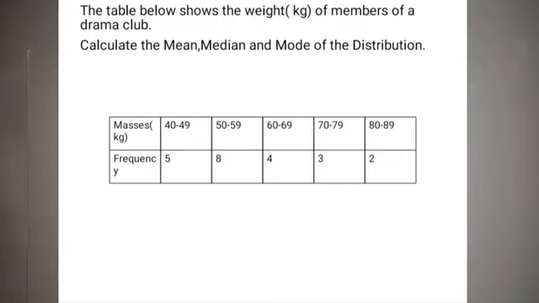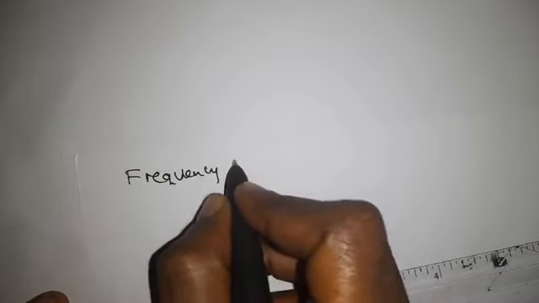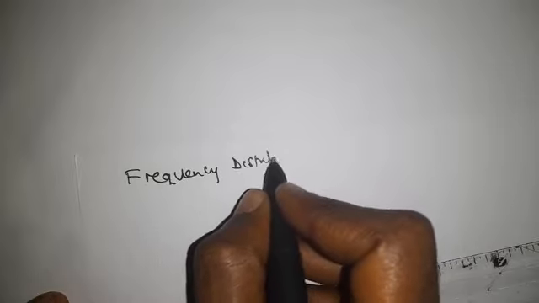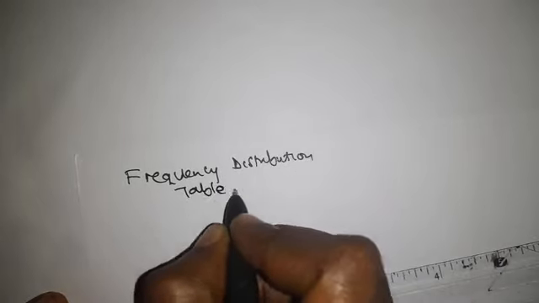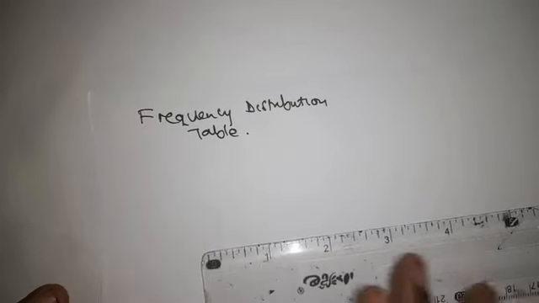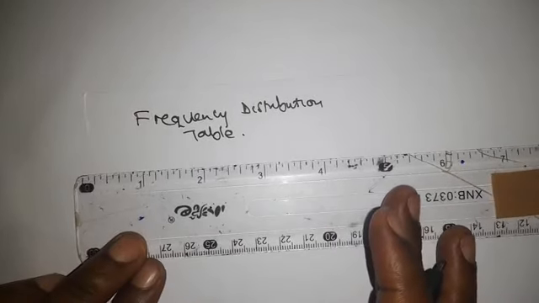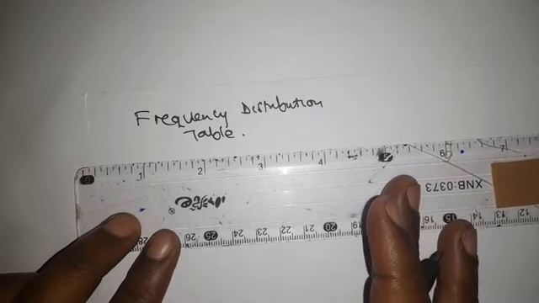First, we are going to draw a table. This table, we are calling it a frequency distribution table. Now, a frequency distribution table has the following columns.